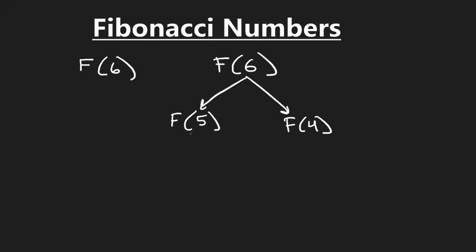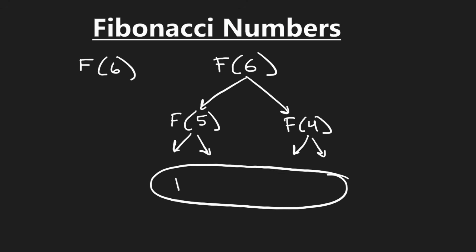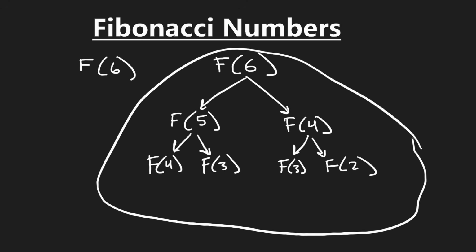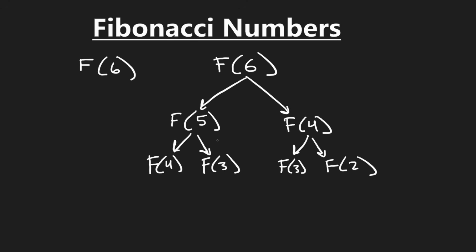And of course, we're going to keep continuing this entire decision tree until we get to the base case where everything in our tree is either Fibonacci number of 0, which is a base case that evaluates to 0, or Fibonacci number of 1, which is also a base case which evaluates to 1. So you can see that this tree is going to get pretty large. But you can also start to see there is some repeated work going on, which is the reason why we can apply dynamic programming.